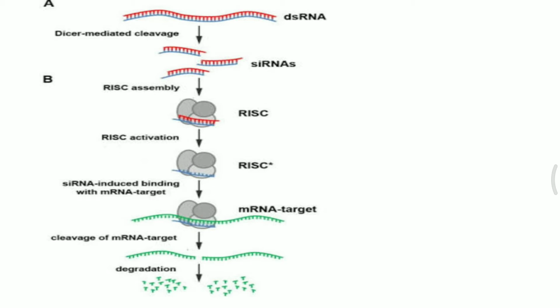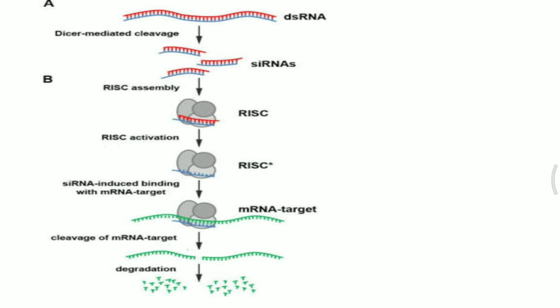As soon as the complementary mRNA binds to this antisense strand, it induces the cell in which it is present to recognize this mRNA as a foreign or abnormal mRNA, and it cleaves the entire mRNA.